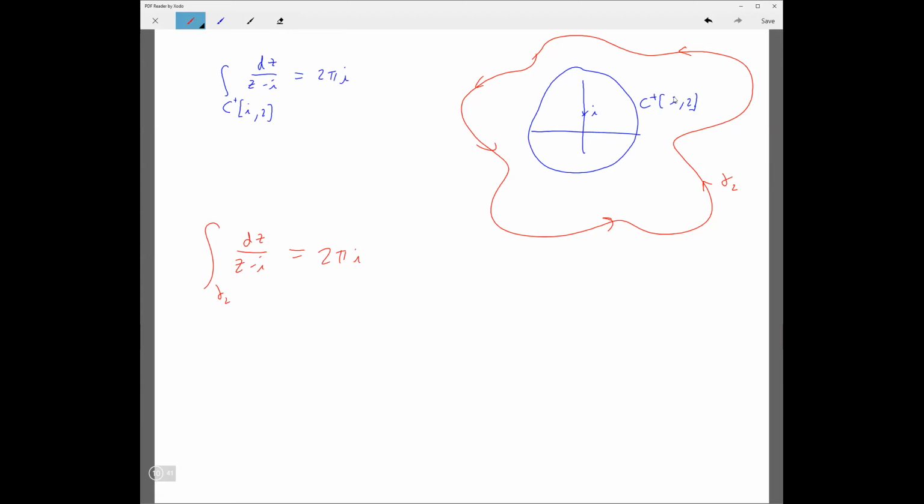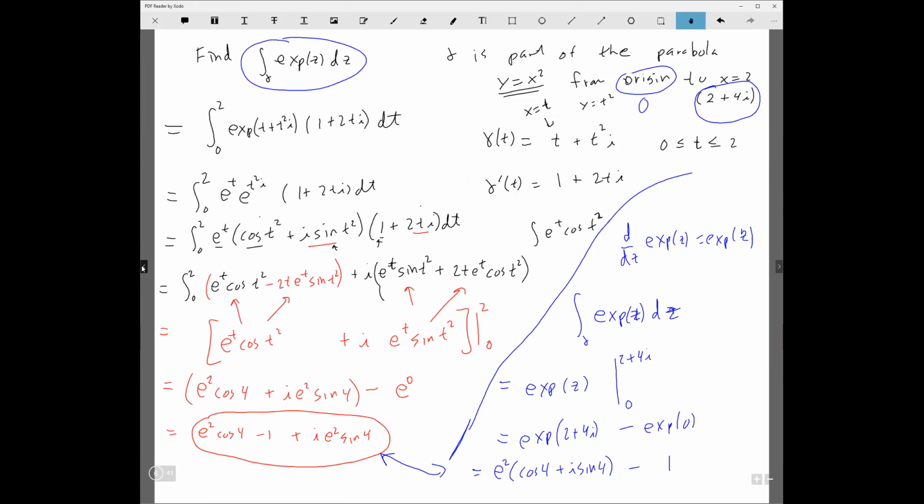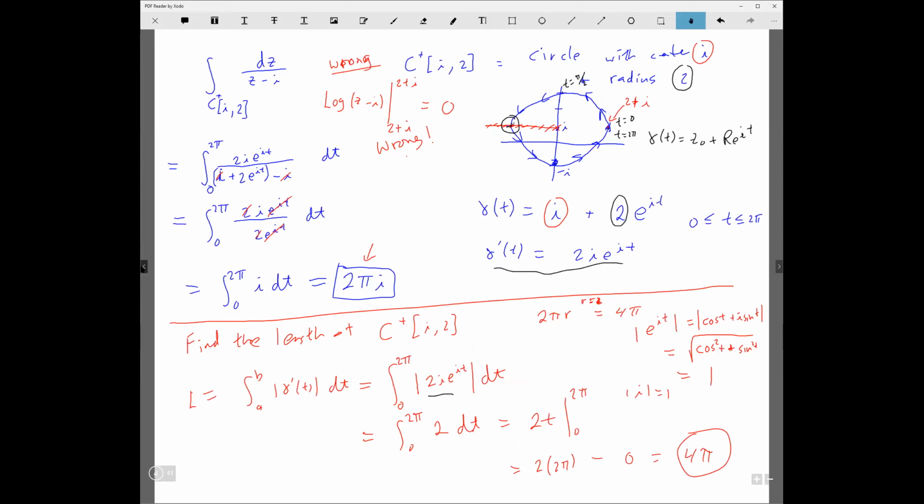And if we take a larger radius, like if we take a circle with a larger radius, say radius 3, that's also going to be 2 pi i. Or whatever. And you can kind of see that back here when we were doing this example. Because if you try to follow what happens to the 2? Okay, there's a 2 right there. When we put it in here, a 2 appeared in the denominator.